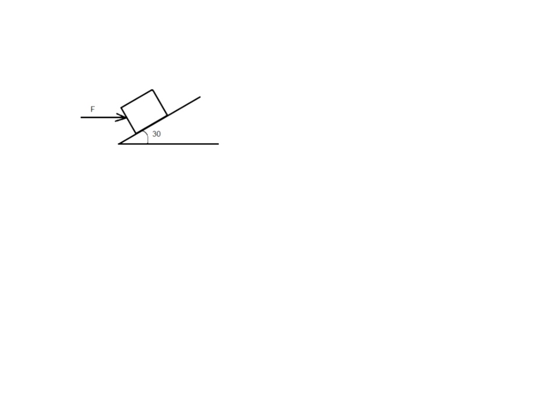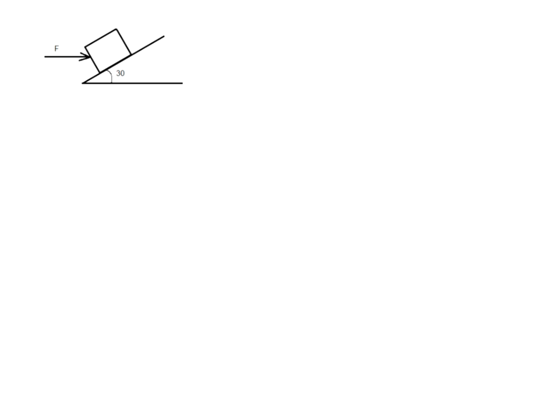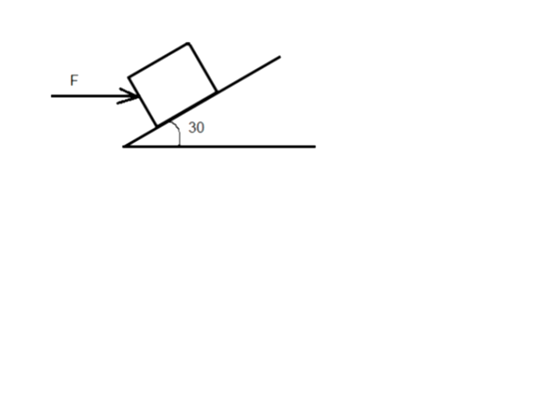F2. All right. Same question. We're given the mass. We're given the angle alpha. We're given μs and μk. Therefore, we know there is friction on the inclined plane.